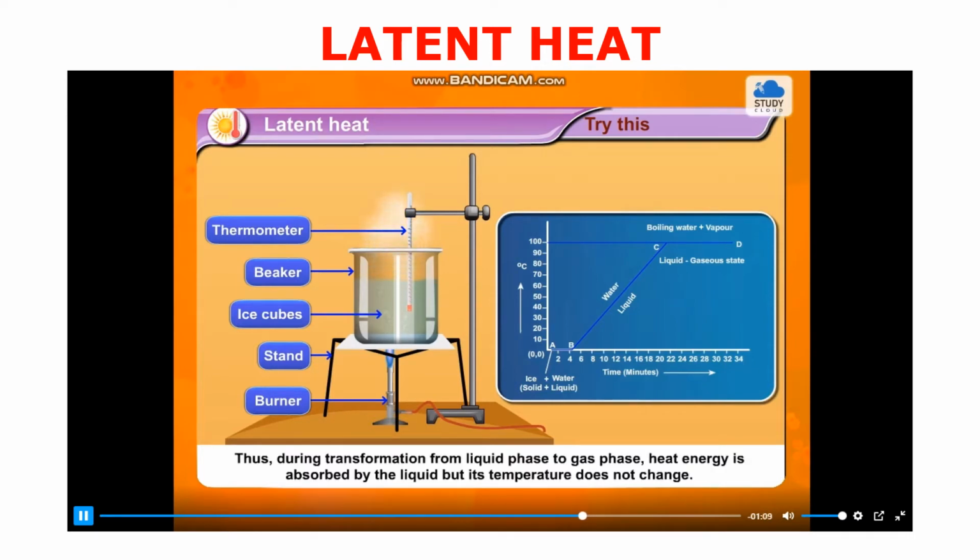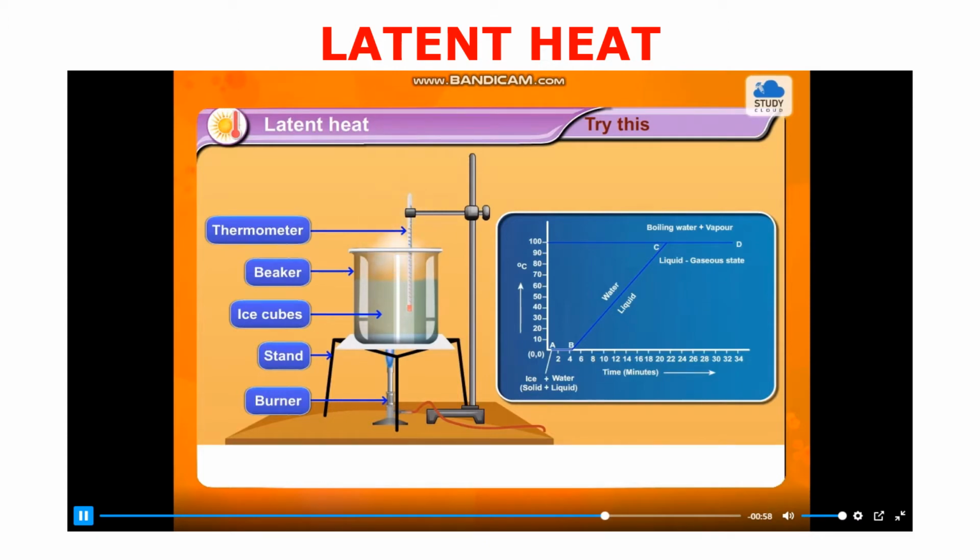Thus, during transformation from liquid phase to gas phase, heat energy is absorbed by the liquid, but its temperature does not change. The constant temperature at which the liquid transforms into gaseous state is called the boiling point of the liquid.